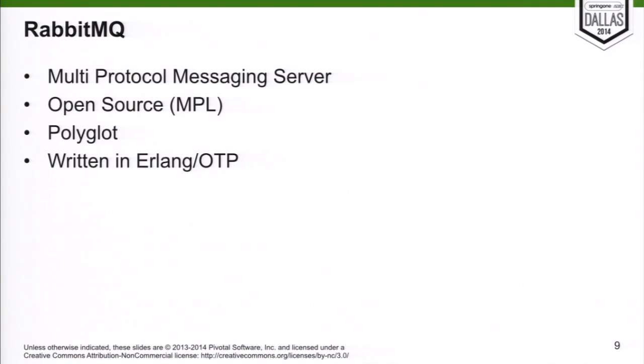So what this means is that the Erlang virtual machine plus OTP, this framework that comes with Erlang, means less code to be written by the RabbitMQ developers, and less code, fewer bugs. And it's a very hardened and battle-tested platform. So you can build a trustable product on top of that.